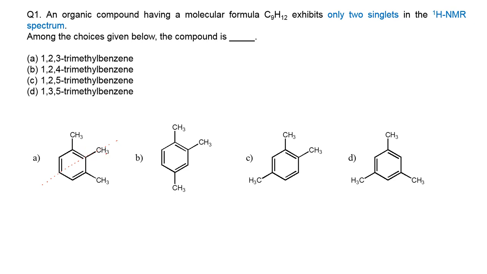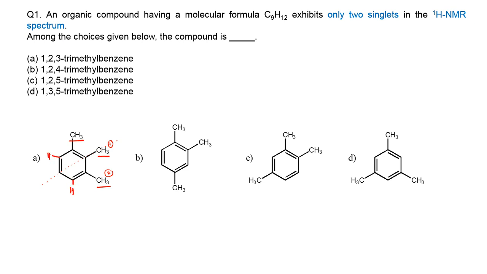The CH3 here will give one kind of protons, and these two CH3s are equivalent, so the six hydrogens belonging to these two CH3s will absorb at one particular chemical shift.